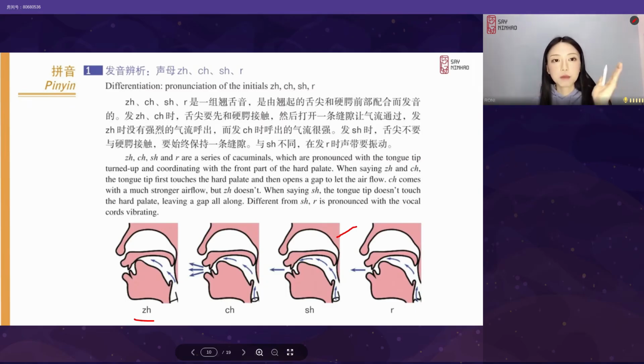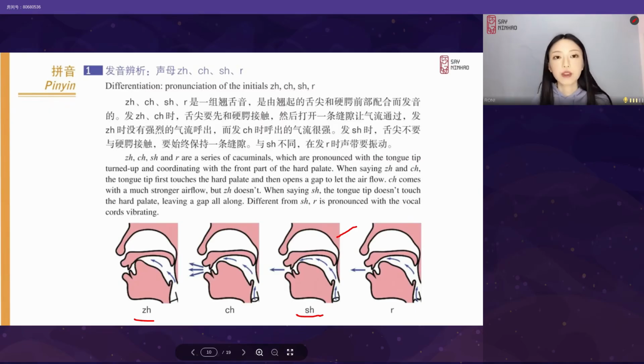We rise up our tongue and make the tip of the tongue touch the hard palate, and immediately leave a gap to let the air go through. The difference between 知 and 吃 is the air. For 知, the air is soft, and for 吃, the air is much stronger. You can practice it by yourself.